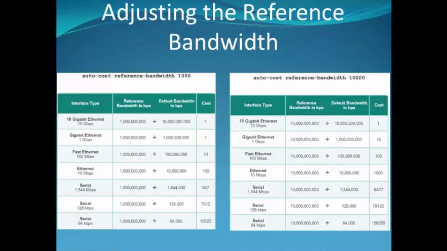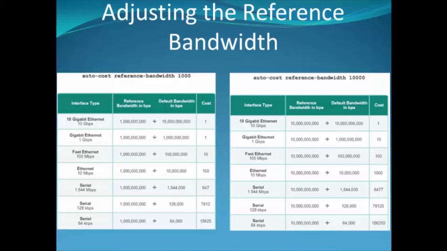Adjusting the reference bandwidth. OSPF uses a reference bandwidth of 100 megabits per second for any links that are equal to or faster than a Fast Ethernet connection.